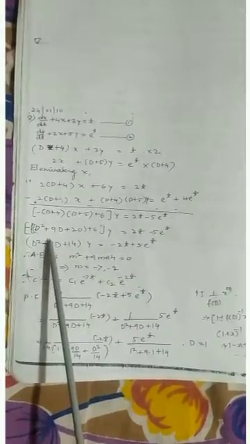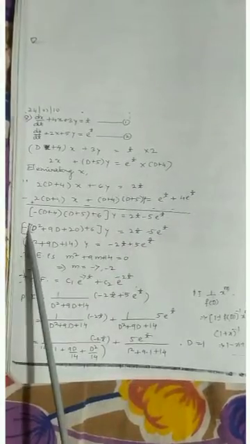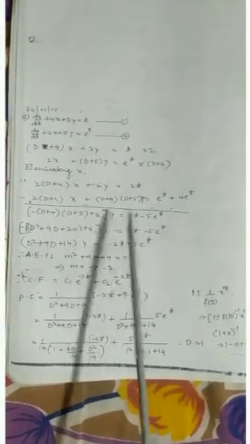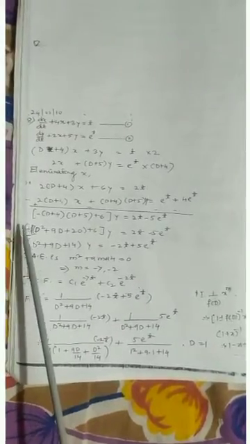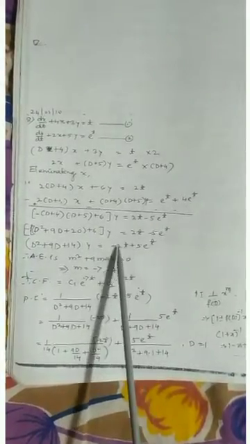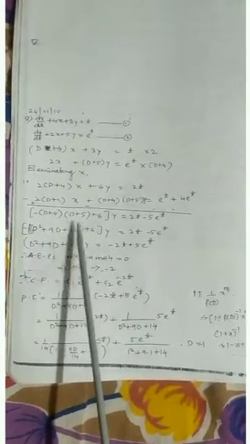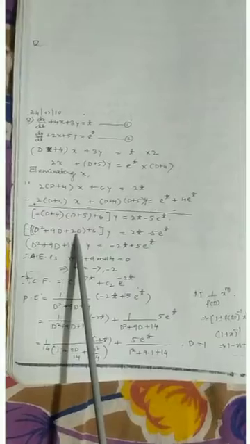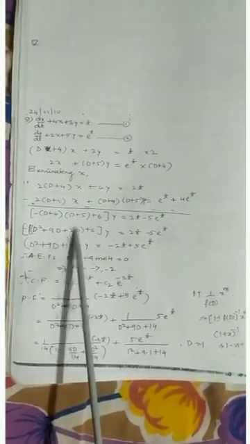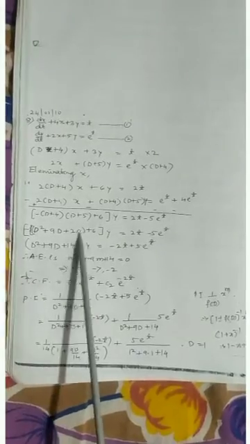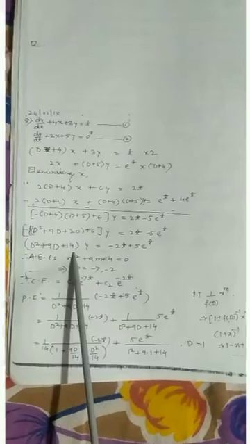D square plus 9D plus 20 minus 6, we get 14.